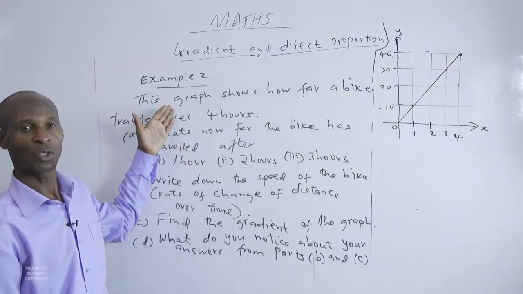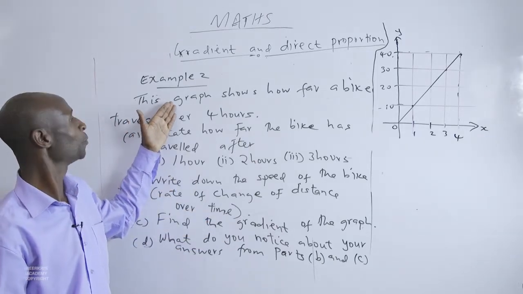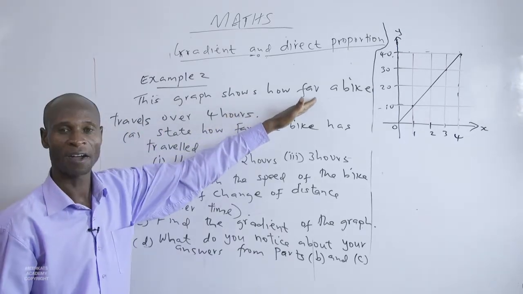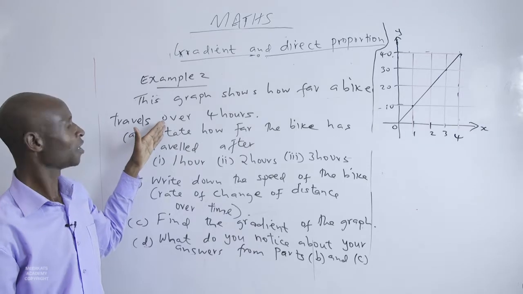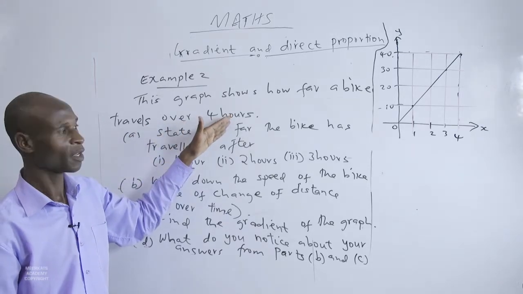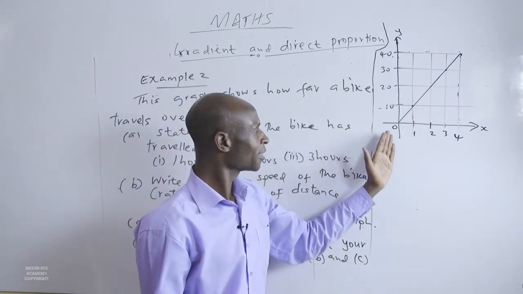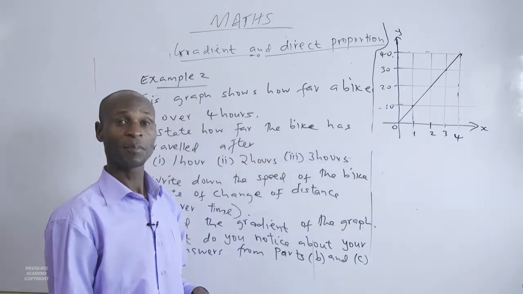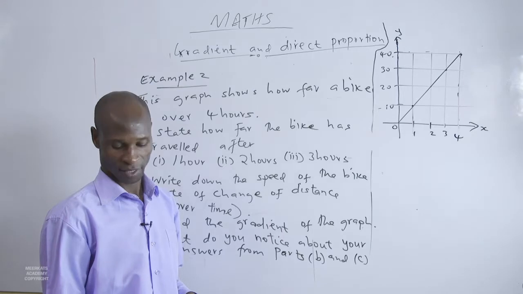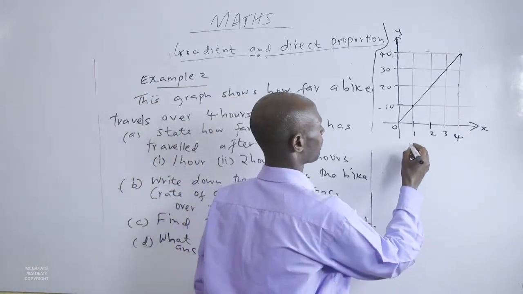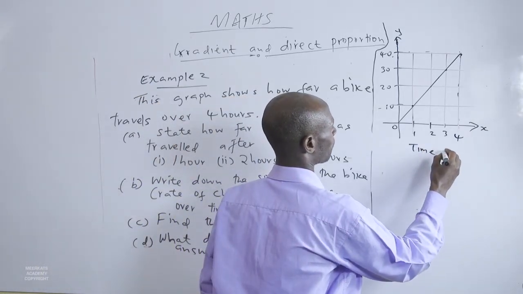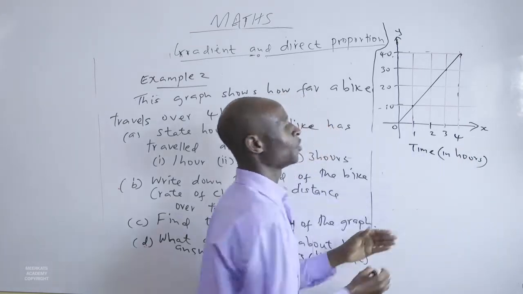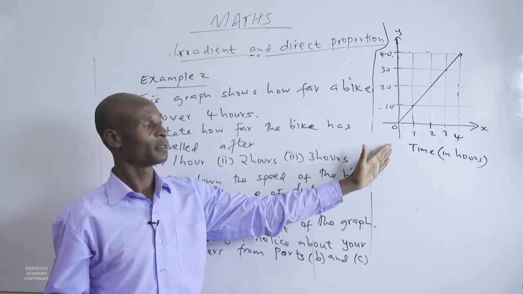So in this illustration 2, it says this graph shows how far a bike travels over 4 hours. So that means the bike starts at 0 hours up to 4 hours. That is representing the time axis. So we are having time in hours.